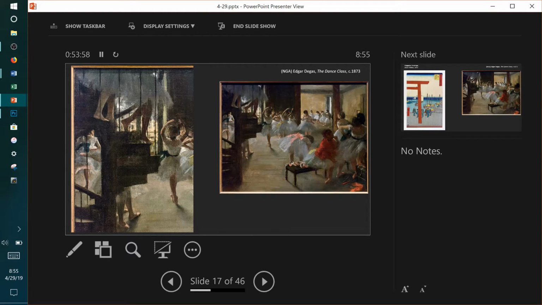Now, what we've been talking about today are artists who are trying to make a modern art that reflects the new modern experience, right? That's been a motif throughout the entirety of the day. Artists in the late 19th century are aware that their world is different from their forefathers' world. And they're trying to make a work of art that reflects the new experience, the modernity of life, right?